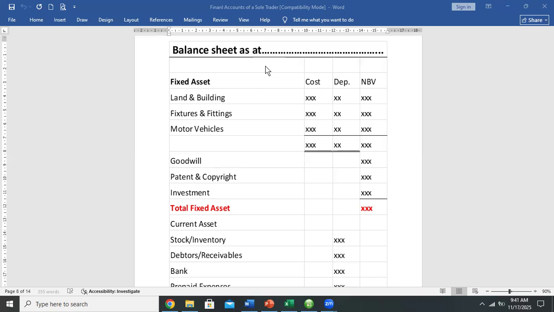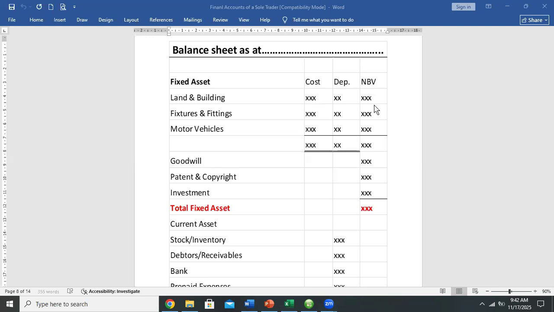Okay. So you put that heading there, and like I've just stated, you begin with your fixed assets. But it's important that you show the cost of the asset, how much you acquired the asset, and less depreciation. Depreciation here is the fall in value of the asset because of usage, because of certain fiscal factors, technological advancement, etc. We'll delve much into depreciation later.